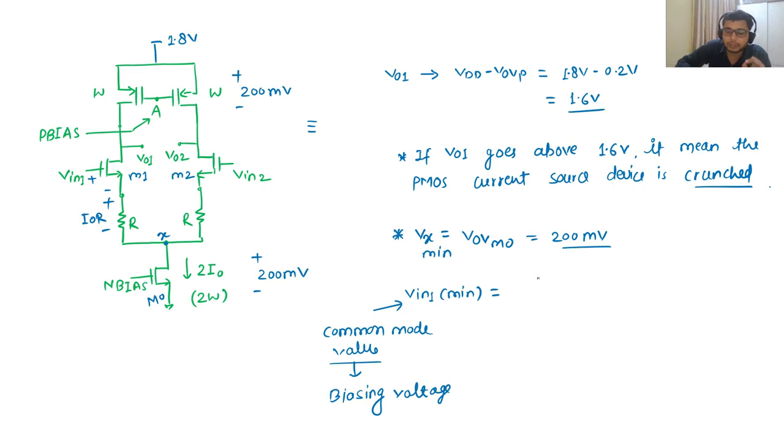So what is the minimum value? It is nothing but the VGS of transistor 1 plus this I naught R plus the overdrive voltage of transistor M naught.